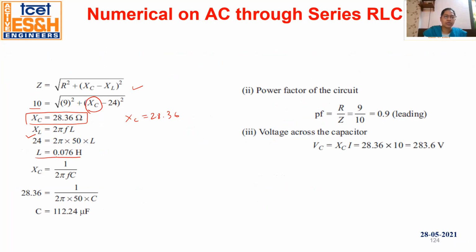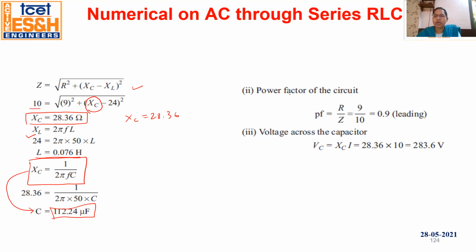So L is equal to 0.076. And here XC is 1 upon 2 pi FC. From this we can find C. The value of C is here 112.24. So this is what was asked by the numerical.